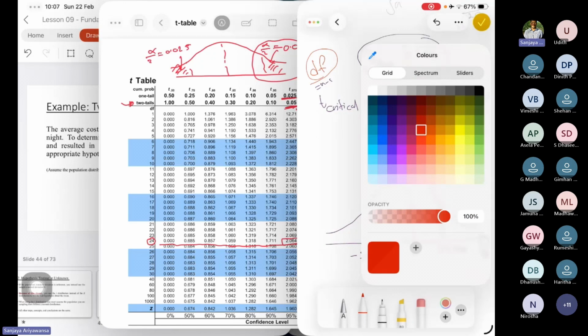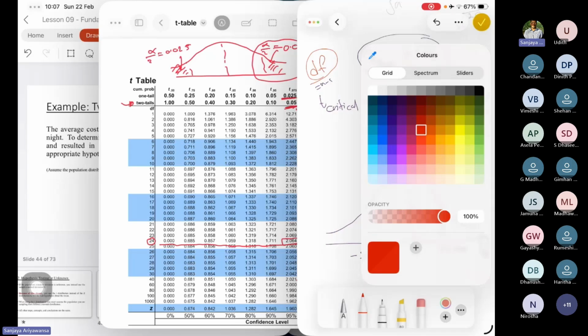So you see that your T stat is less than your T critical value, because it's in this do not reject region. Therefore we say you do not reject your H naught. And that's what I've said.